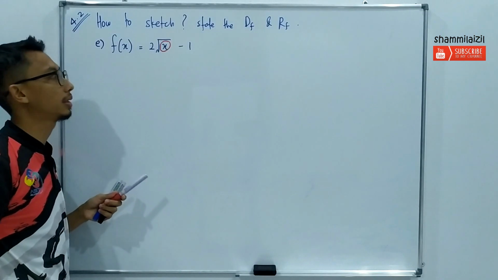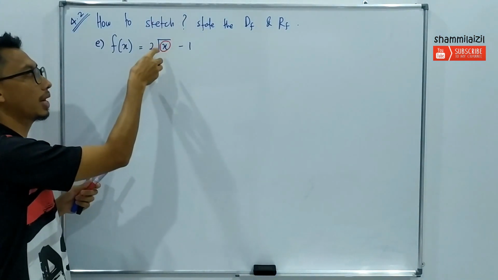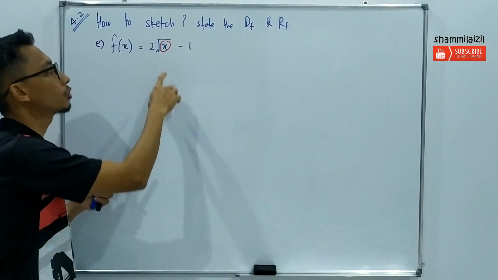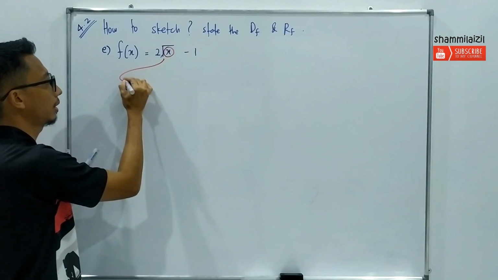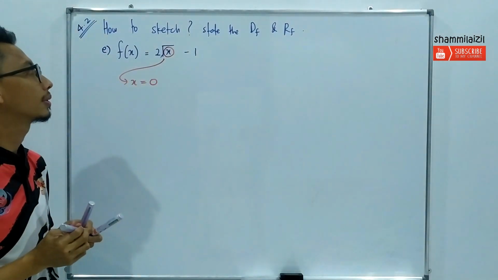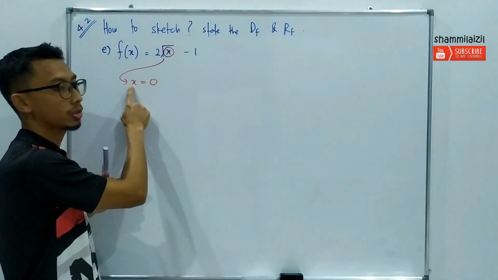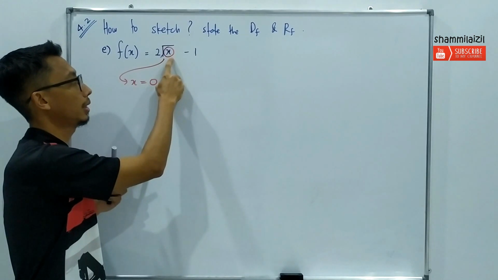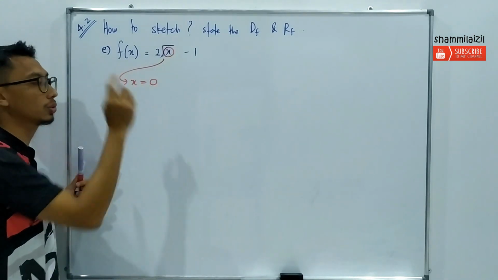What is under the root? Take whatever is inside the root, and the trick is to let it be 0. If inside the root is x plus 1, make x plus 1 equal to 0. Here we have x only, that's why let's make x equal to 0.